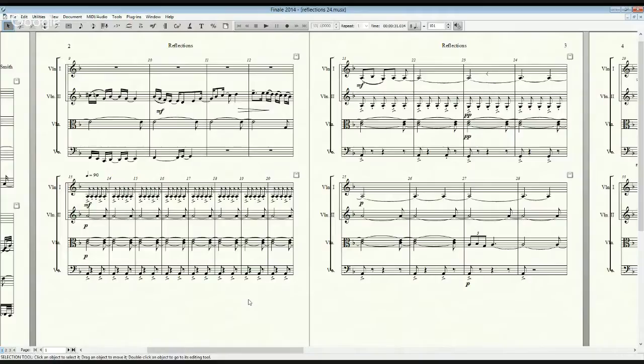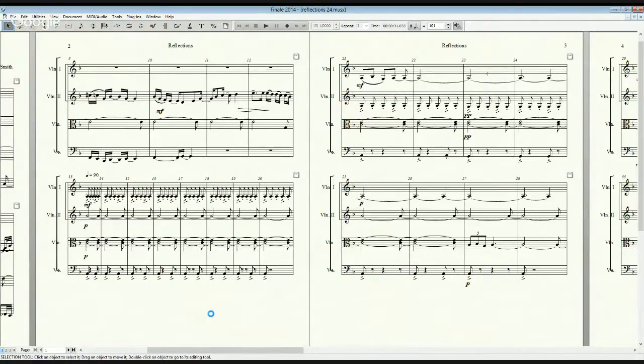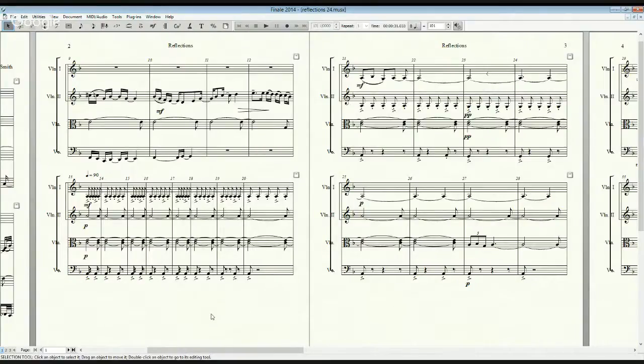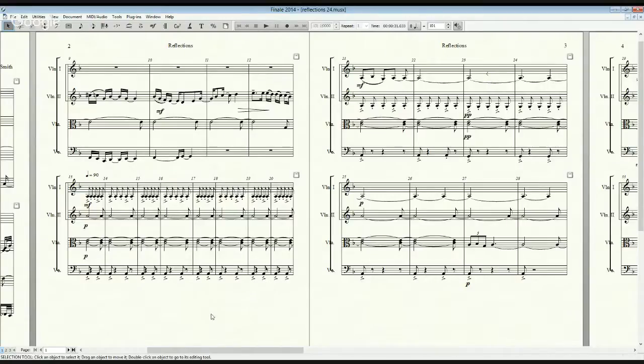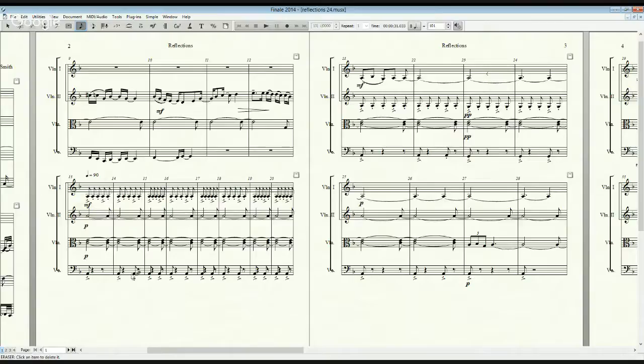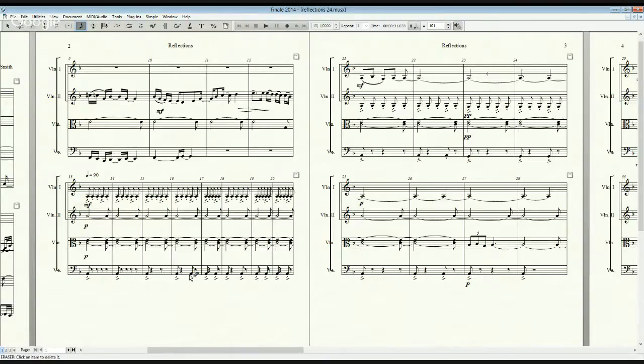Oops, wait a second. Were those the ones where I was not supposed to? Oh, yeah. No, that's right. Except that this was what it notated yesterday, was to not have eighth notes here.